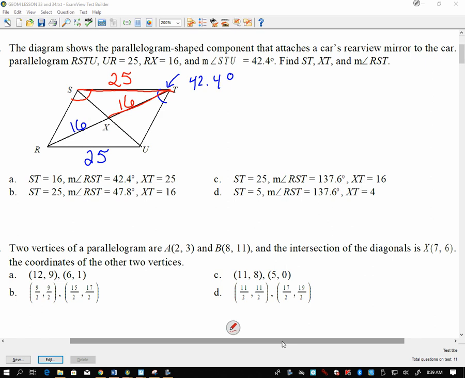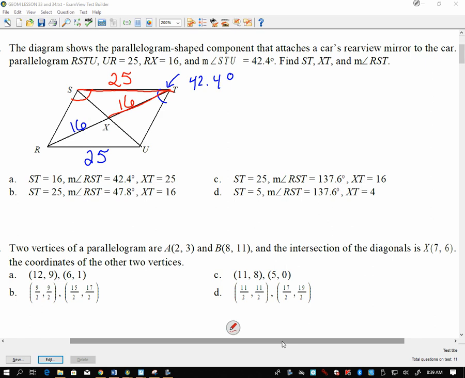So we have two rules that deal with angles, right? They're consecutive angles. Great. Okay, what do we know about the consecutive angles of a parallelogram? They're supplementary. Okay, supplementary means that they do what? They add up to 180.